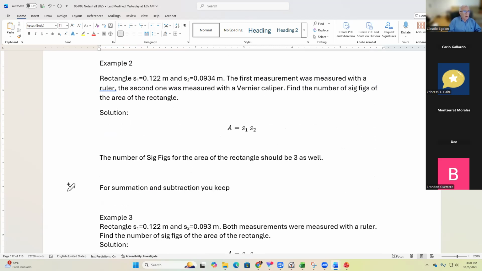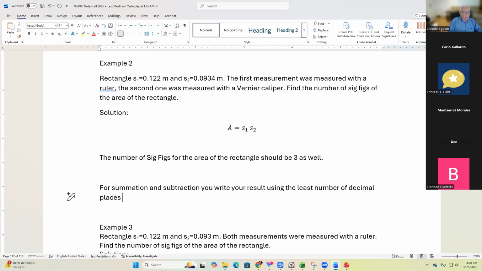You write your result using the least number of decimal places as displayed in your original measurement.